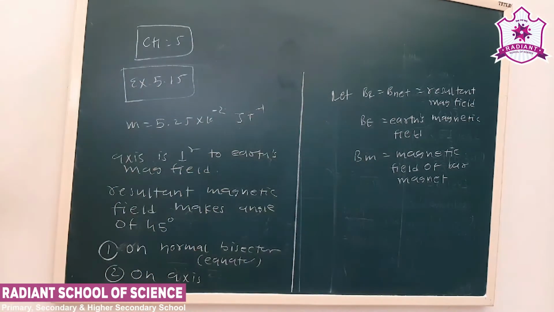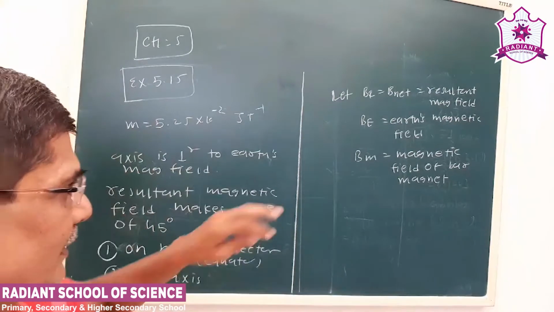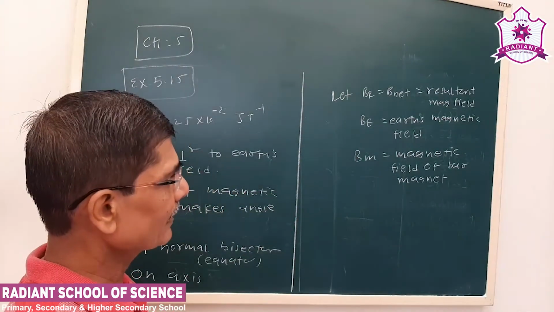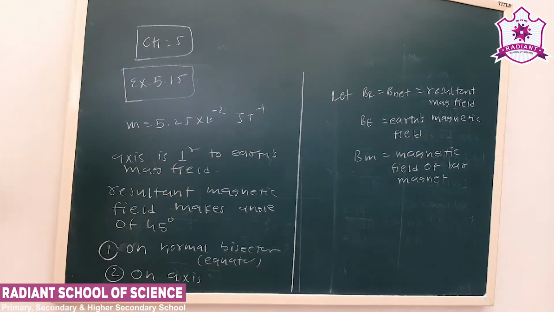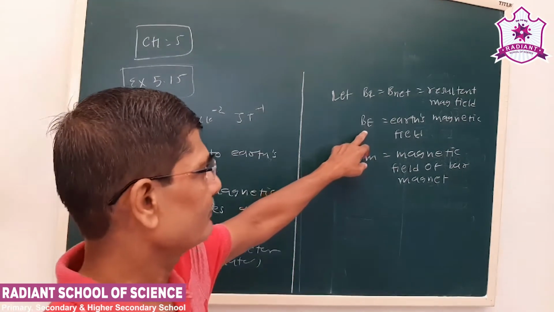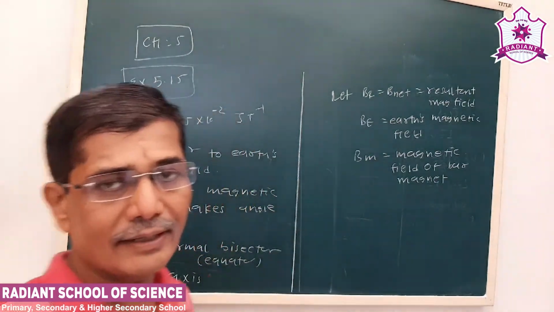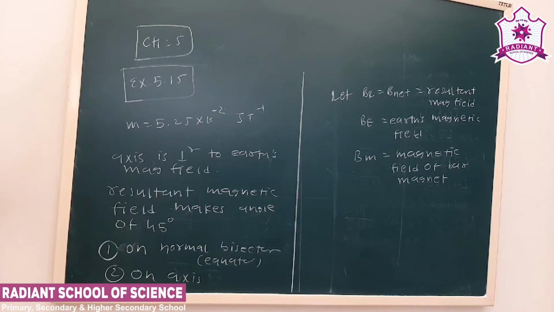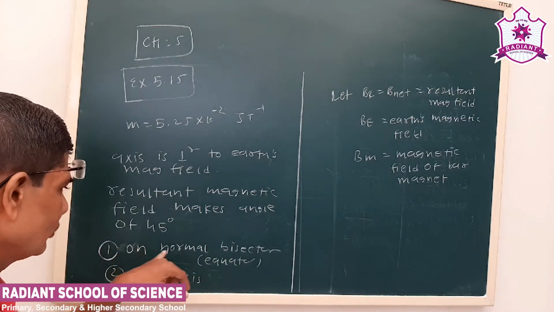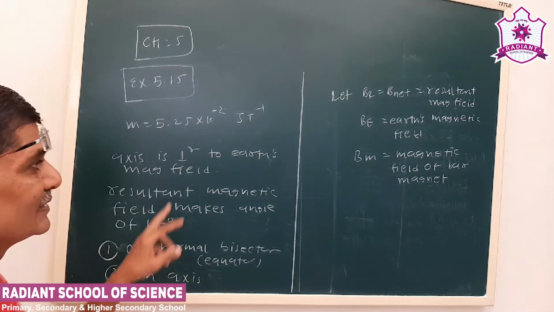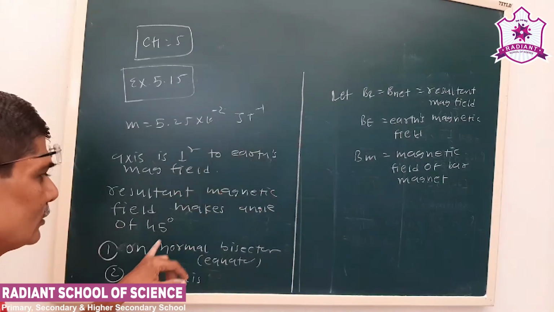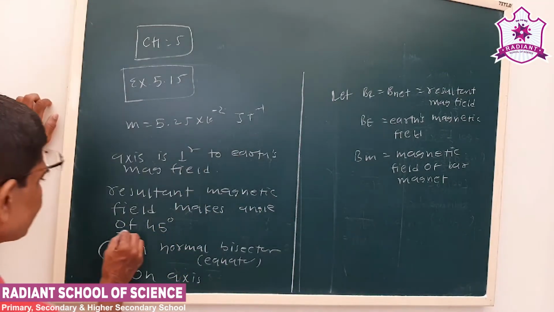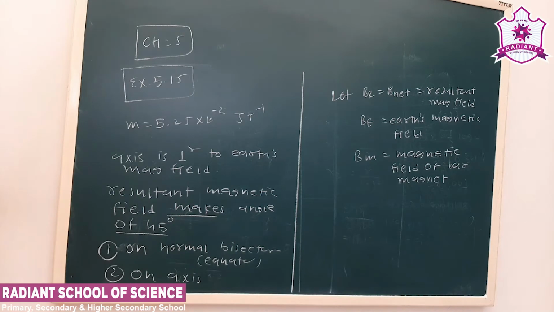Now three things we have to keep in mind. BR or B net is the resultant magnetic field, which is made up of two components: Earth's magnetic field and magnetic field of the bar magnet. The Earth's magnetic field we call BE, the bar magnet field we call BM. We have to find out the position where the resultant magnetic field makes an angle of 45 degree with the Earth's field.